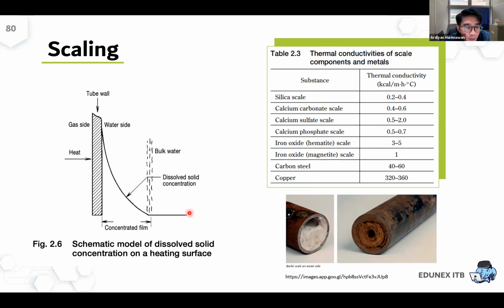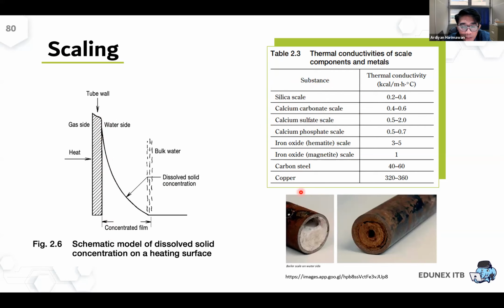And then if you have, for example, the dissolved solids that cause hardness, with localized heat the deposition will create a concentrated film, and the dissolved solids will start to accumulate on the surface of the tube. And this is an example of the substances. It can be silica, it can be calcium carbonate or other stuff.